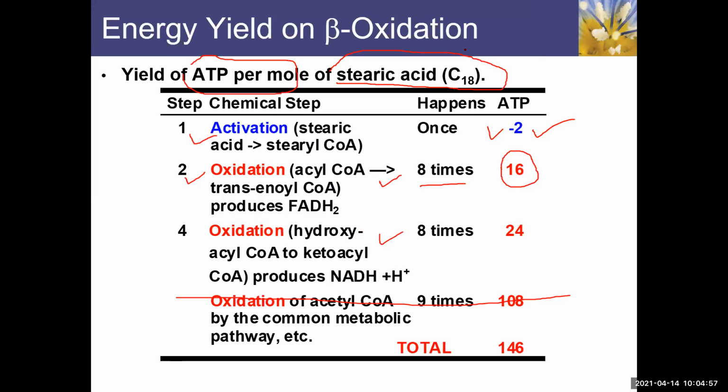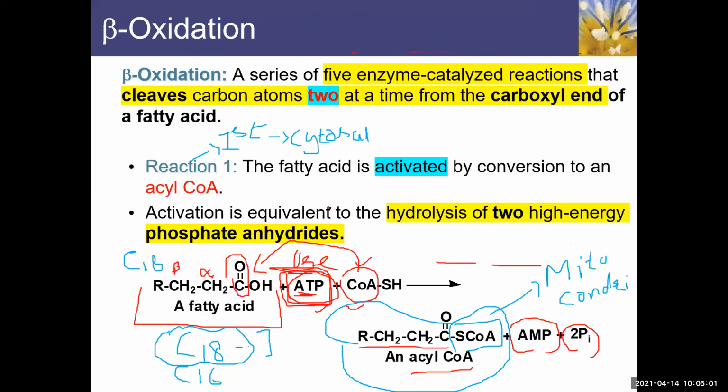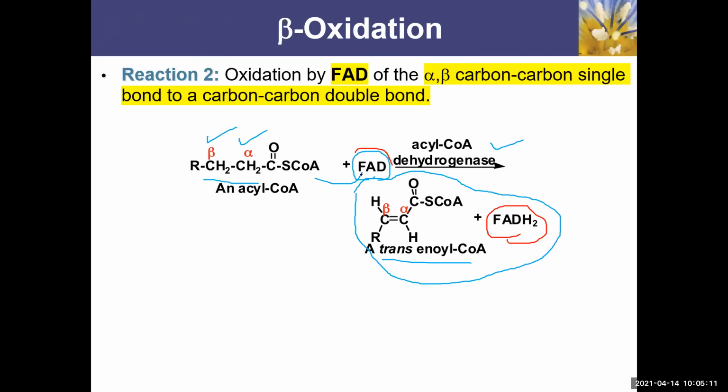You did one cycle, right? In one cycle, what did you produce? Let me go back. Here you produced one FADH2, correct? Let me write it here. You produced one FADH2 at the end of one cycle.